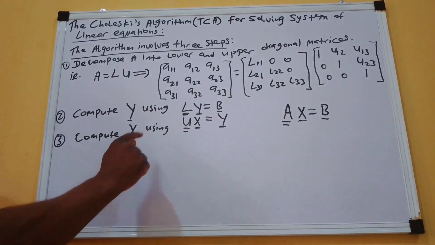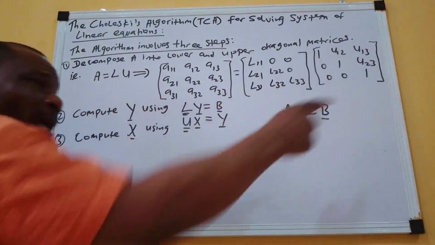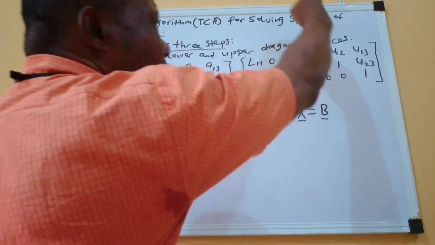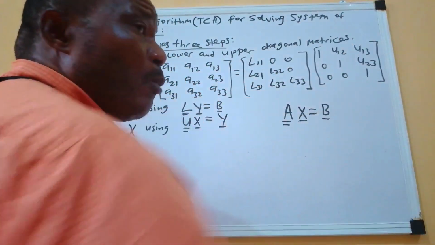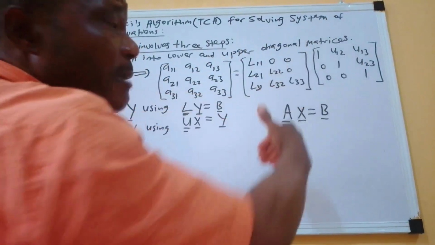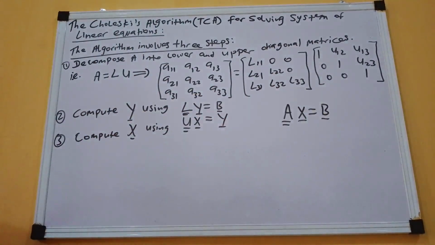You compute X, which is the main unknown, using U. U is now the upper diagonal matrix. Note, when you're writing the upper diagonal matrix, the elements on the main diagonal will be 1, 1, 1. Then other elements above it, and the elements below the main diagonal will be 0.